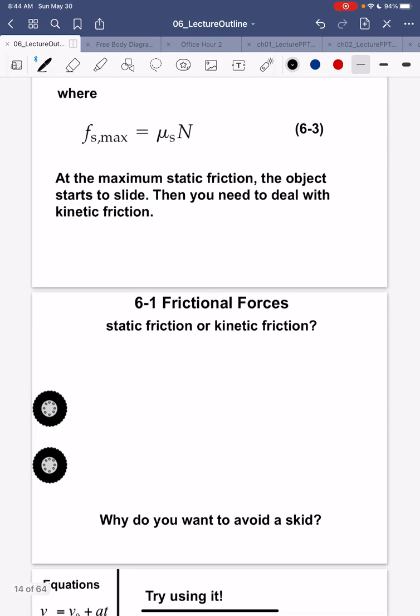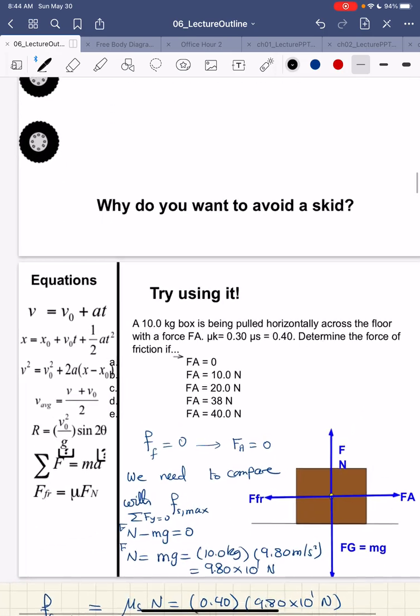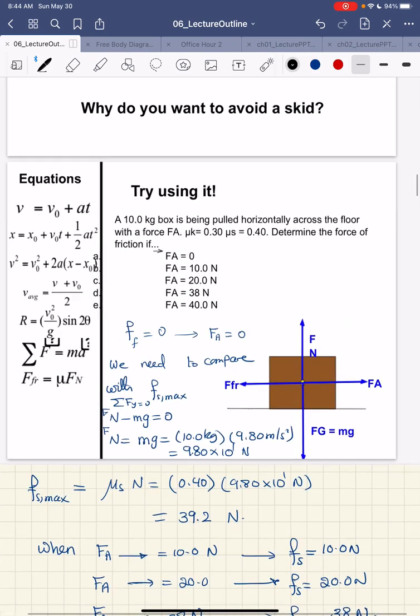Always you are going to have this question: am I talking about friction, static friction or kinetic friction? Always you need to know the physics and connect to life, so that you will be able to say, shall I use static or shall I use kinetic?